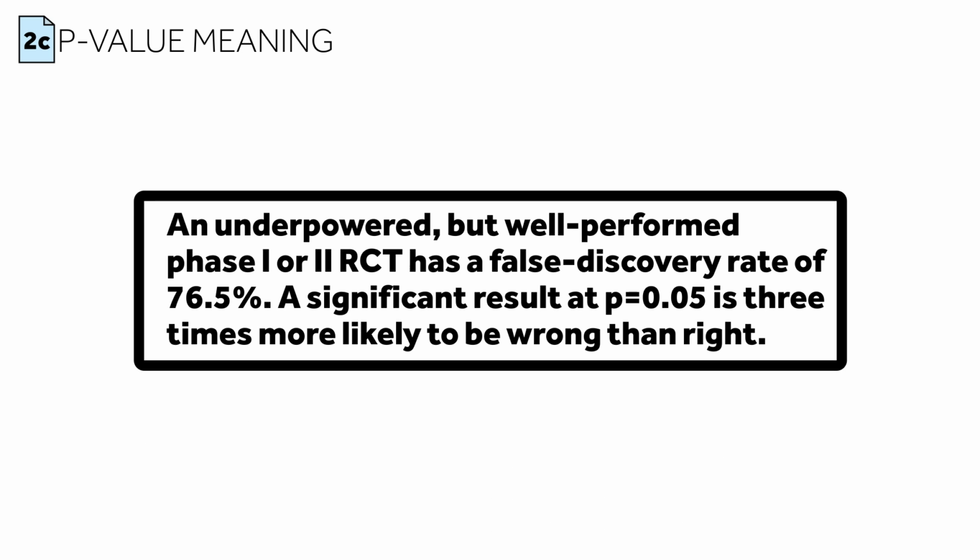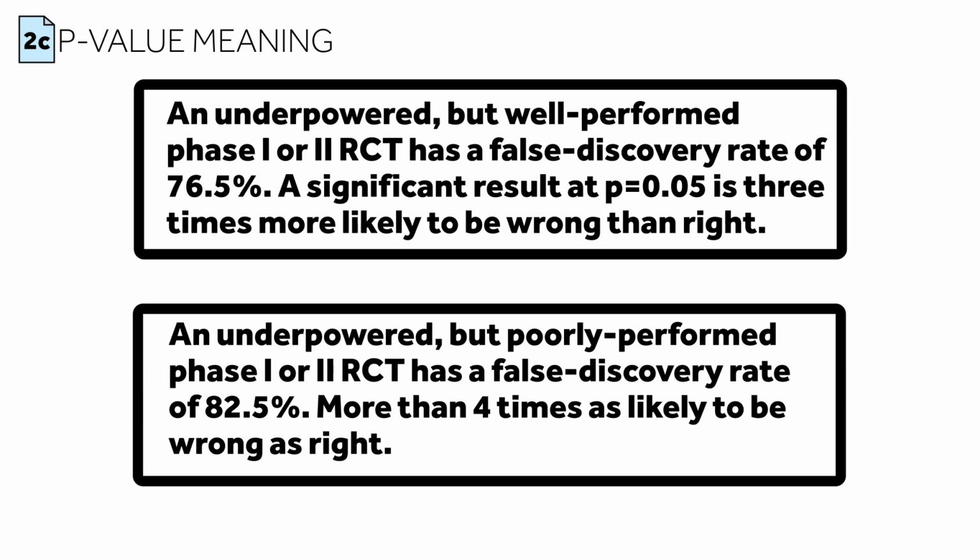Ioannidis found that an underpowered but well-performed phase 1 or 2 randomized controlled trial has a false discovery rate of 76.5%. A significant result at p equals 0.05 is 3 times more likely to still be wrong than right. An underpowered but poorly performed phase 1 or 2 randomized controlled trial has a false discovery rate of 82.5%, more than 4 times as likely to be wrong than right.